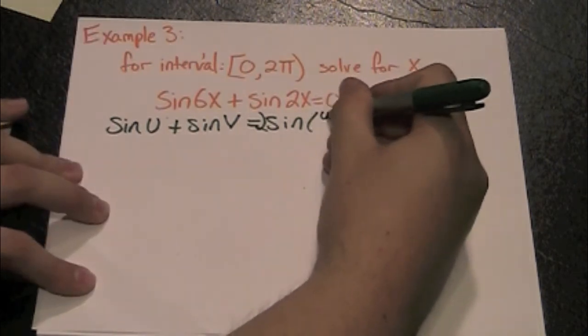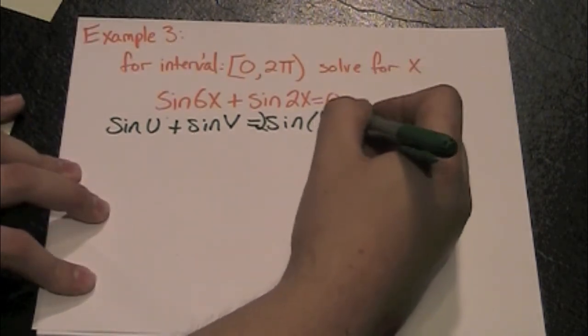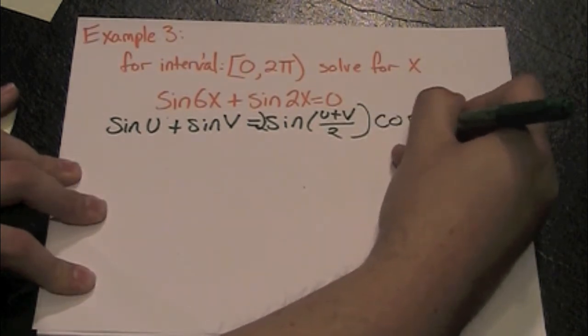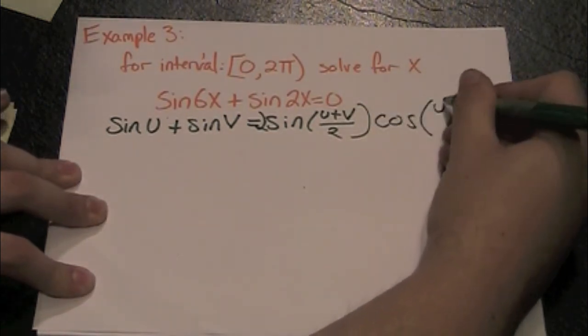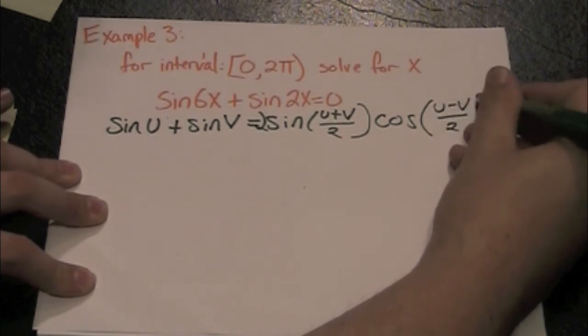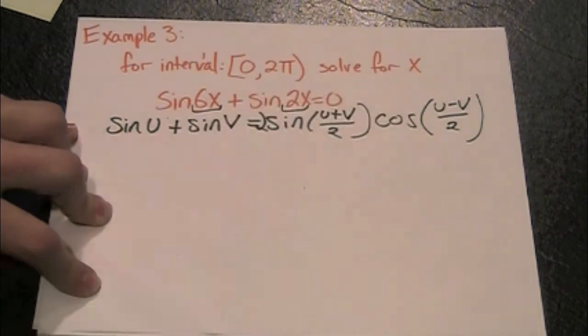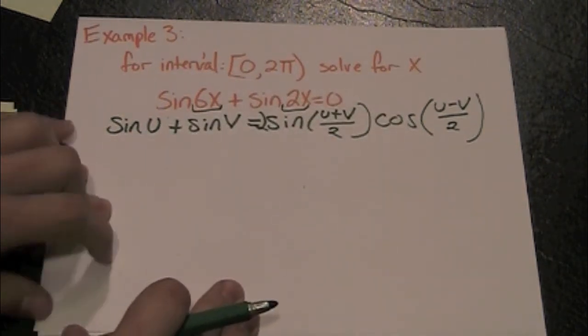sine of u plus v over 2 times the cosine of u minus v over 2. My u and my v are going to be sine of 2x and sine of 6x.